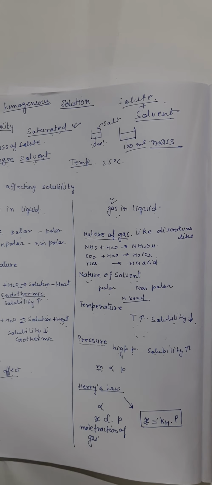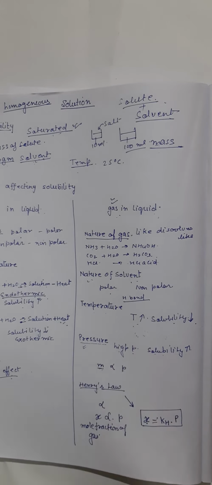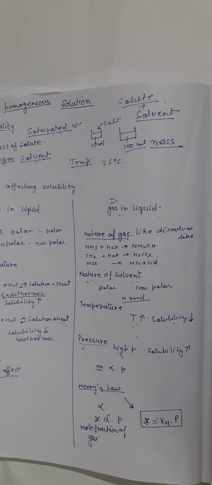Now next is effect of pressure. This is something we need to understand very strongly. First, which pressure are we talking about? Actually, we are not talking about the pressure of the atmosphere. We are generally talking about the pressure of gas which is in contact with the liquid.